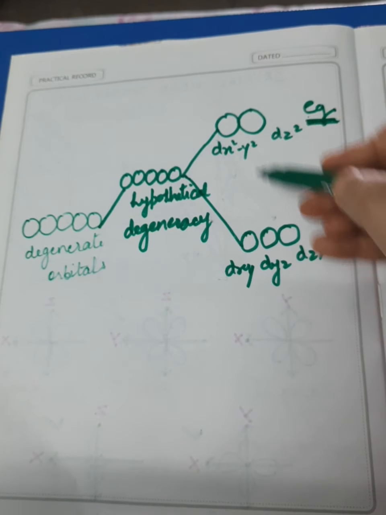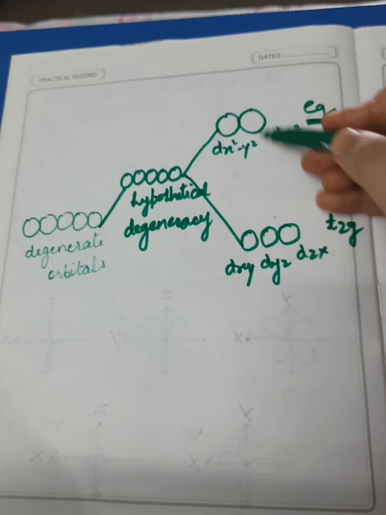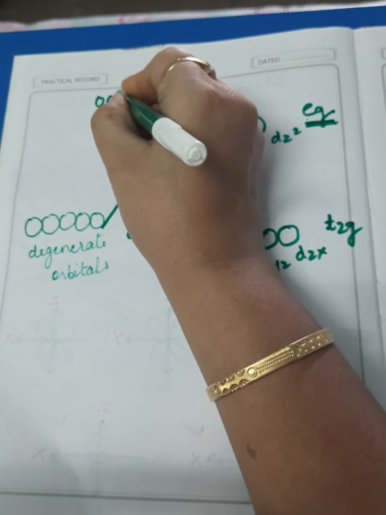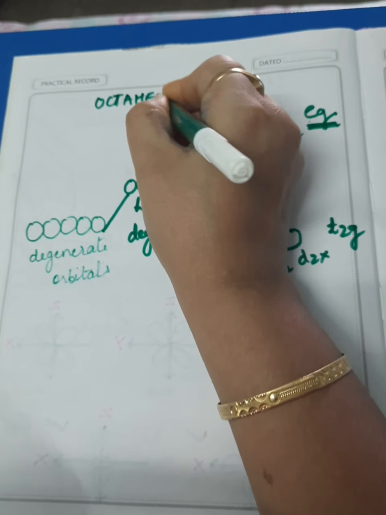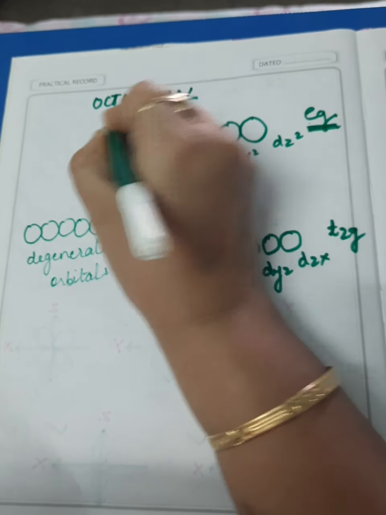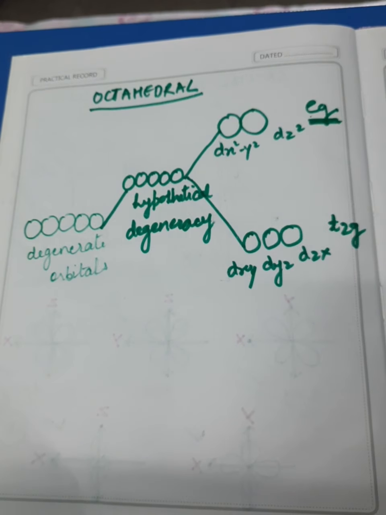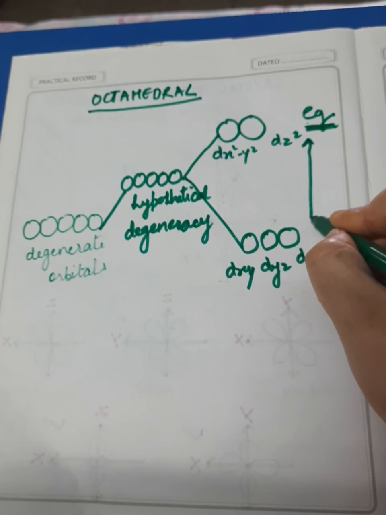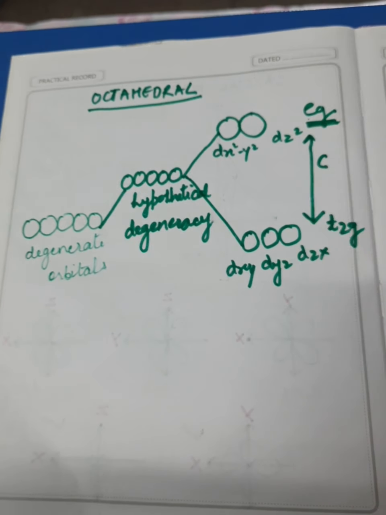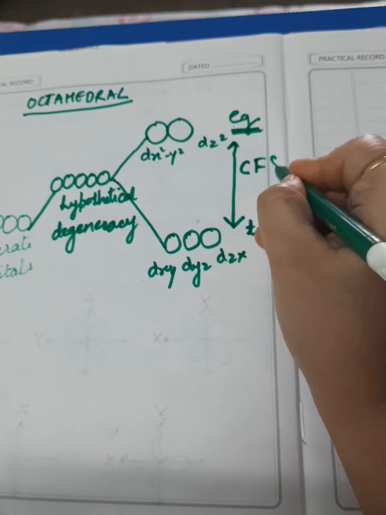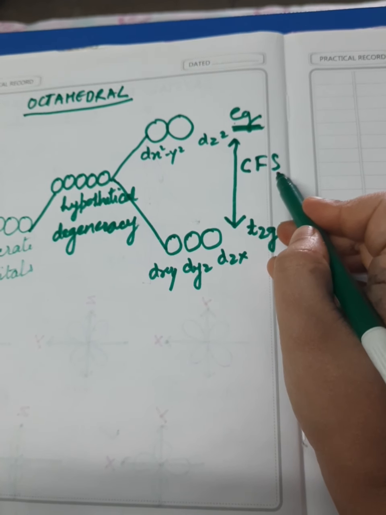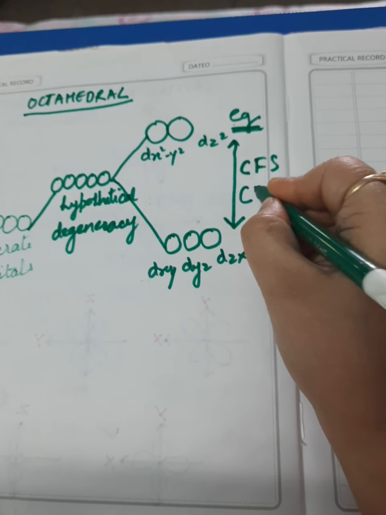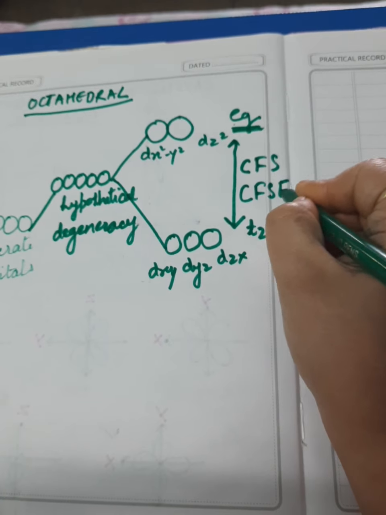Now let us see what the difference of energy is between these two sets. Since we are talking about octahedral complexes, the discussion here is totally based on octahedral complexes. The difference in energy between these two is due to crystal field splitting, so it is also known as crystal field splitting energy.